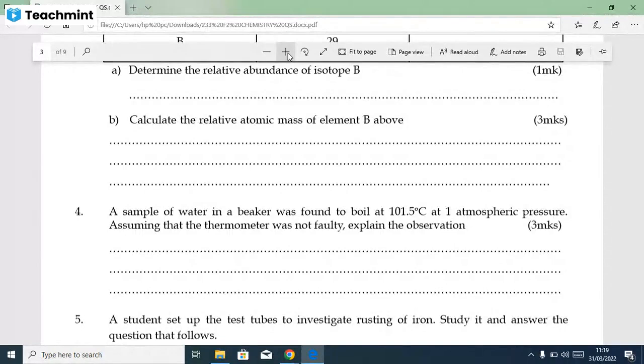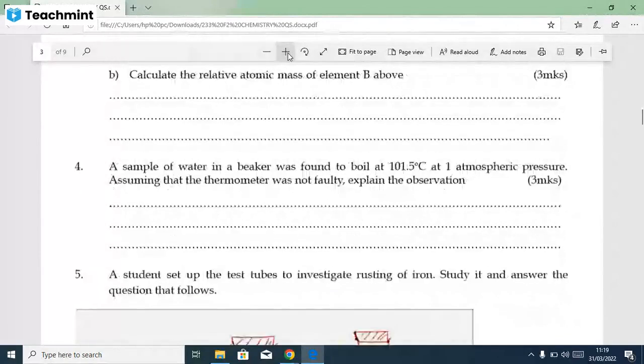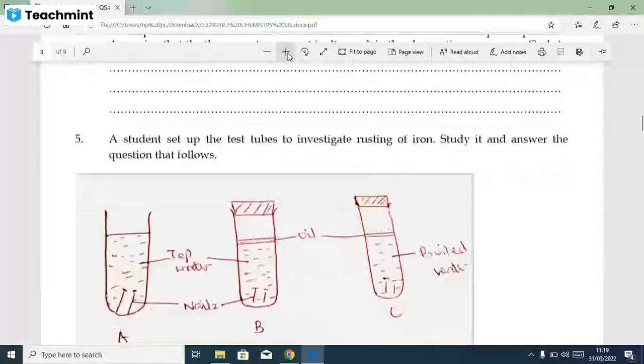Impurities increase the boiling point. You get your 3 marks. State it is not pure since impurities increase the boiling point. Sawa? Very good. Hapo ni sawa. Haya, number 5.